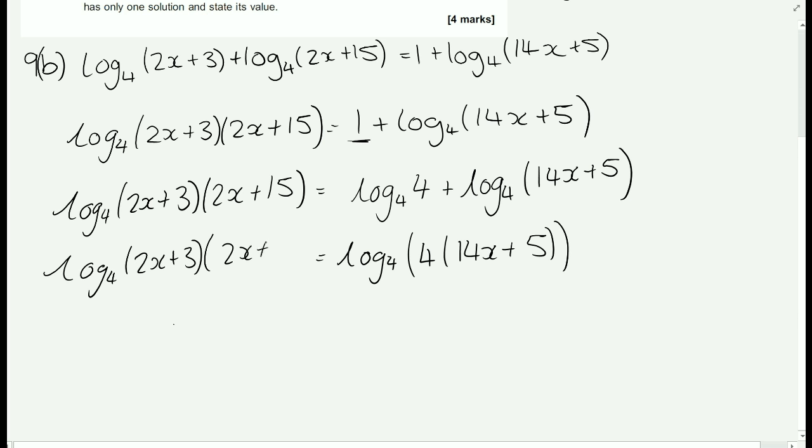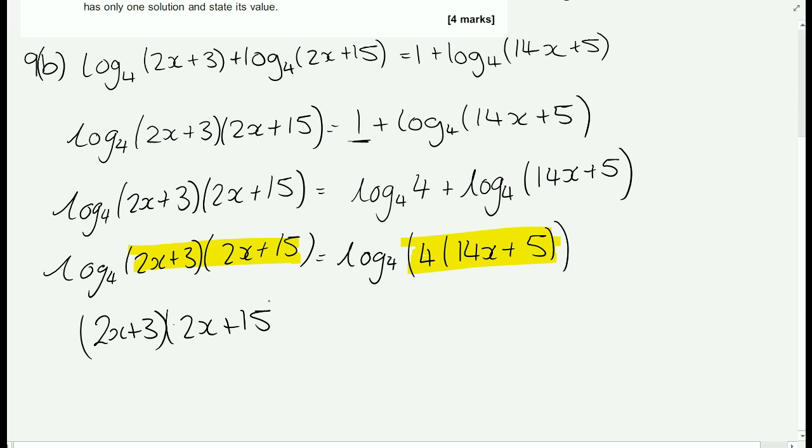So we've now got our log of all of this is equal to log of all of this. So we've got a logarithm equals another logarithm. So we can deduce from that that 2x plus 3, 2x plus 15 must be equal to 4 14x plus 5.